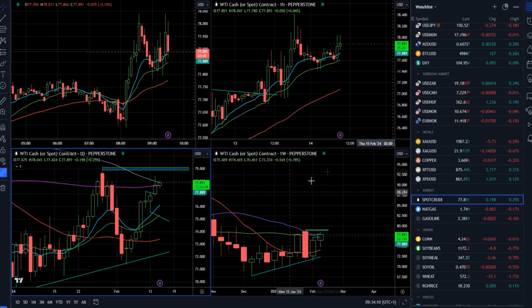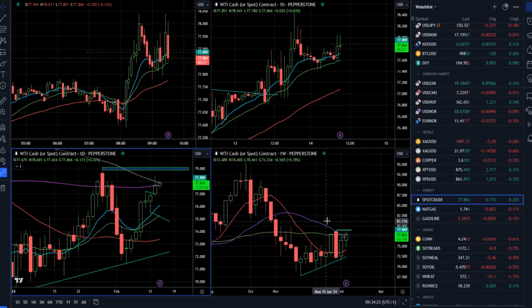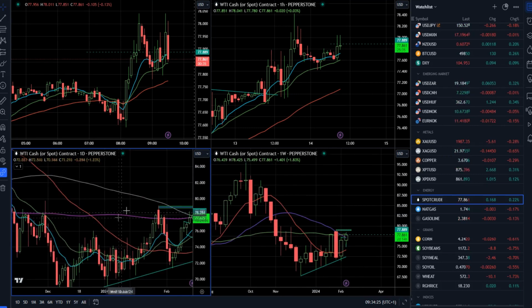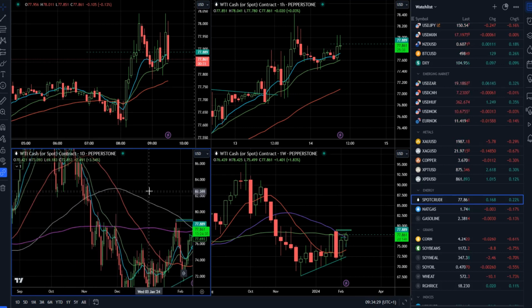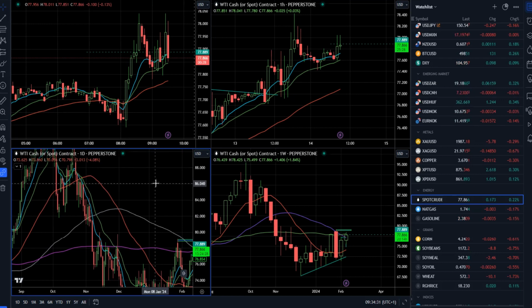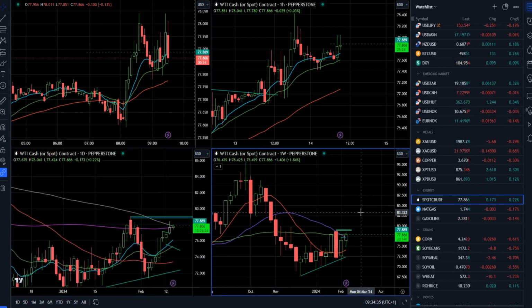So it seems like the crude oil is really strong, and it wasn't that affected after the CPI announcement yesterday. So there is a potential for that retest of 79, and even higher prices might be in play. If there is momentum and a breakout of 79.60, then the crude oil can go even up to the 83 or even 86 mark on the short-term perspective.